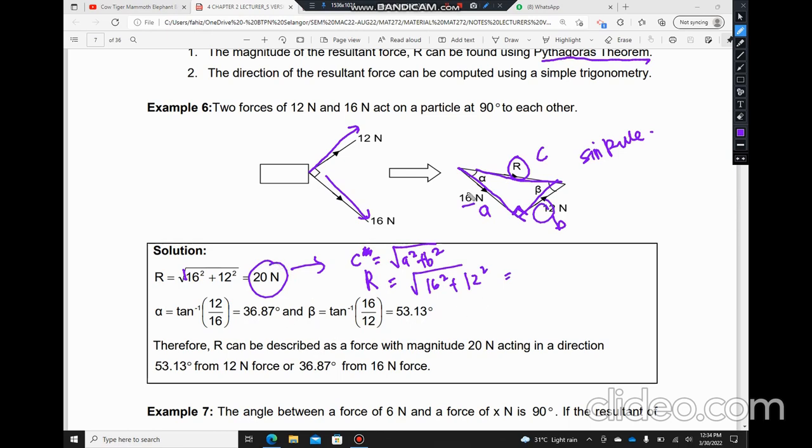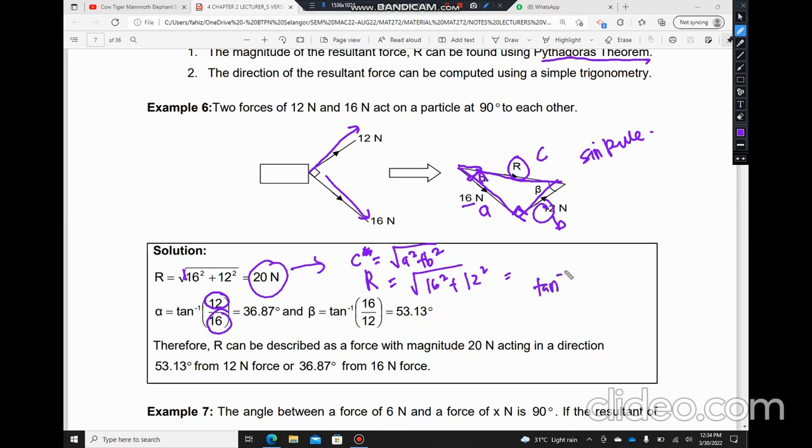Okay, so untuk nak cari alpha kat sini, kita boleh guna tangent, sin ataupun cos, mana yang sesuai. So kalau tengok kat sini, alpha opposite over hypotenuse. Opposite is 12, hypotenuse is 16.